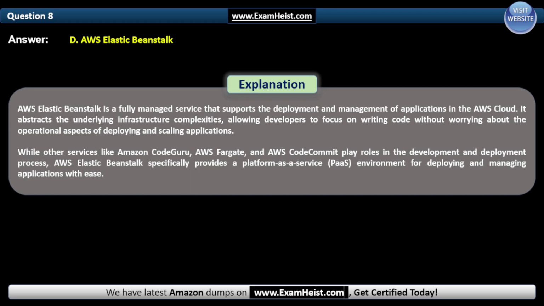It abstracts the underlying infrastructure complexities, allowing developers to focus on writing code without worrying about the operational aspects of deploying and scaling applications. While other services like Amazon CodeGuru, AWS Fargate, and AWS CodeCommit play roles in the development and deployment process, AWS Elastic Beanstalk specifically provides a platform as a service environment for deploying and managing applications with ease.